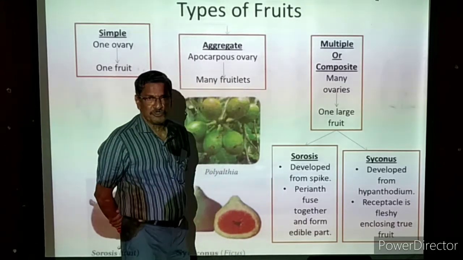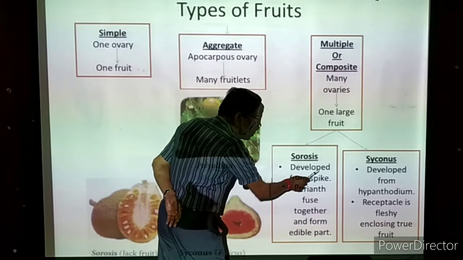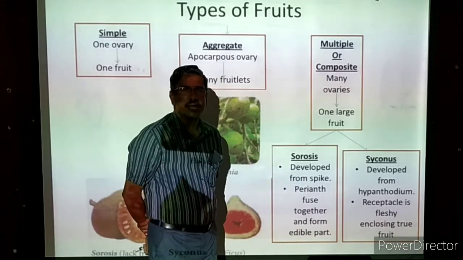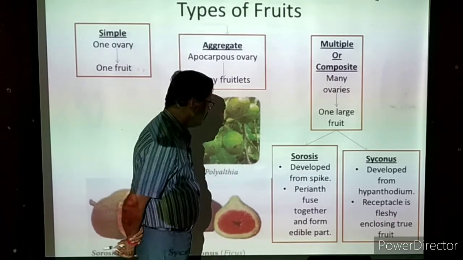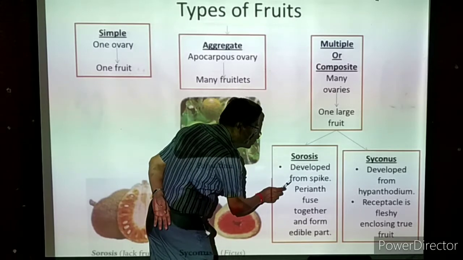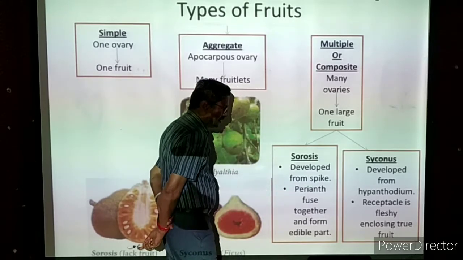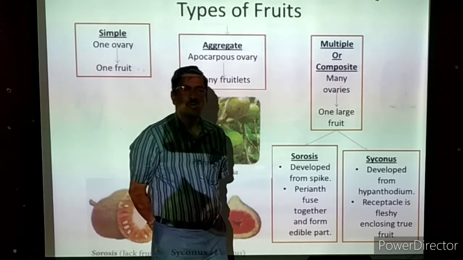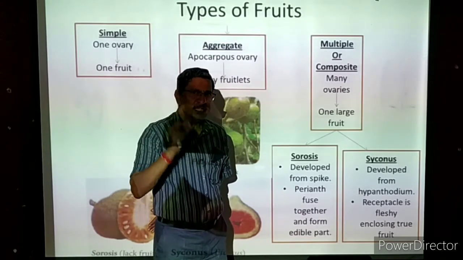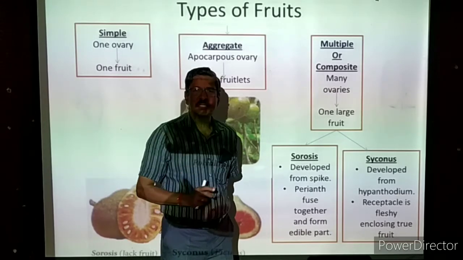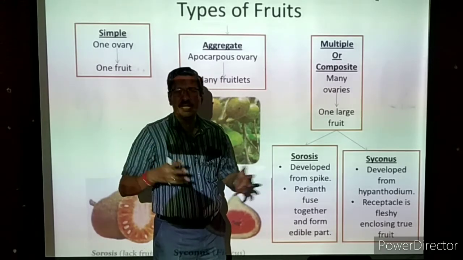Now the sorosis first we will take. Just now I told about jackfruit, that only. It develops from a spike. Spike is a type of inflorescence where an enormous number of flowers will be present. So this sorosis, a multiple fruit, develops from spike inflorescence. What is the meaning of perianth? We have to recollect once again. Calyx is made up of sepals, corolla is made up of petals, but they are undifferentiated.